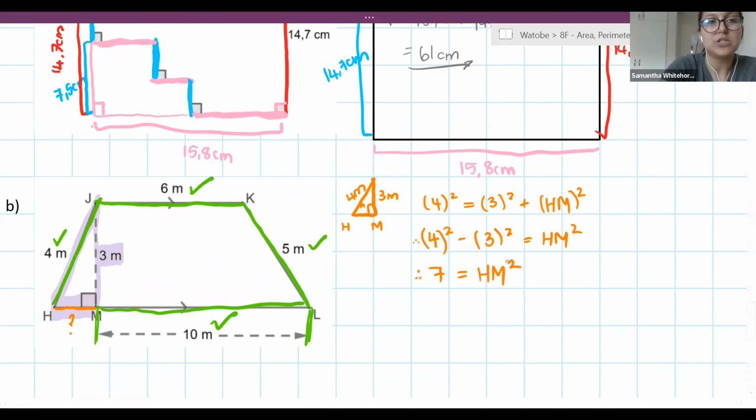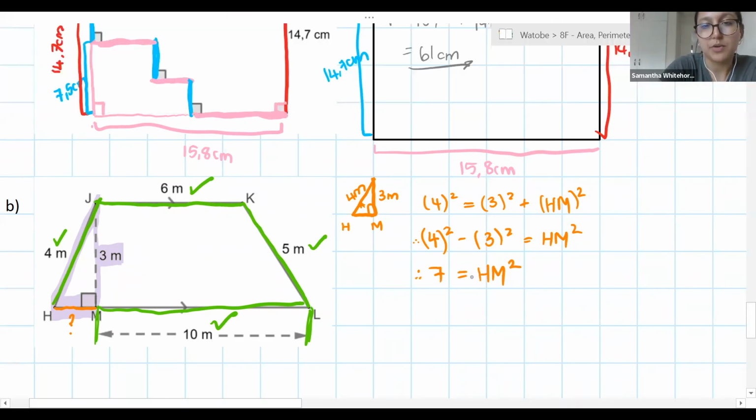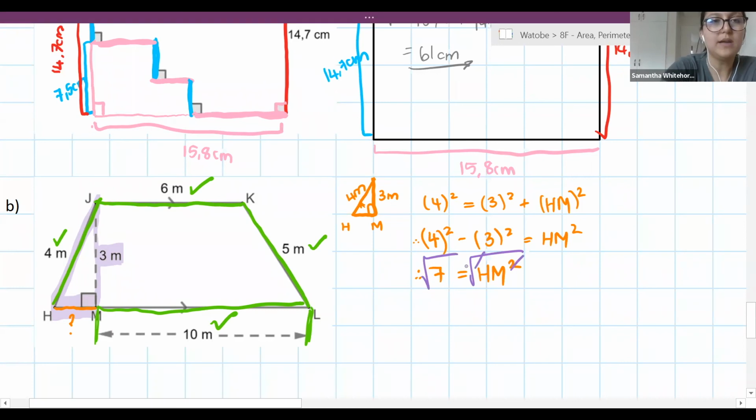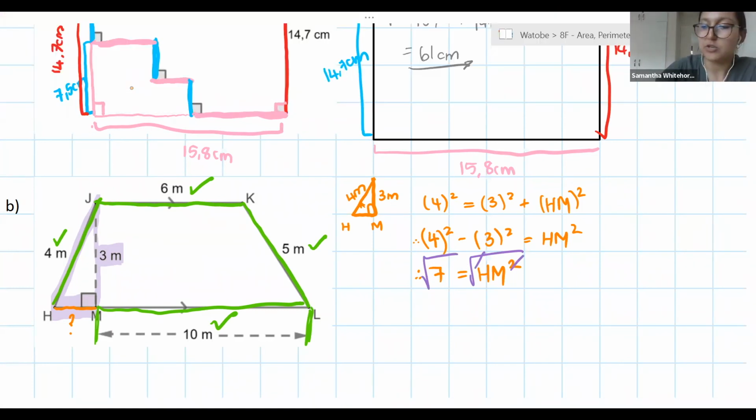So I still need to square root both sides in order to get rid of that square. What I'm actually looking for is the square root of 7, which gives me a long decimal, but let's just work with 2 decimal places, 2,65 meters. So this missing length is 2,65 meters.